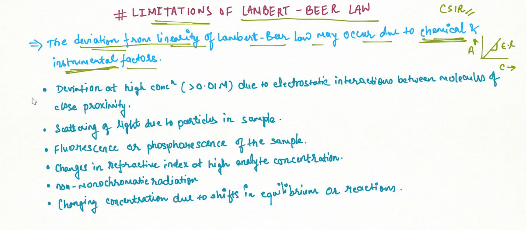So what can be the disturbances, or what are the causes of the deviations? Let's see. First thing is, deviation may occur at high concentration. So what is the criteria of high concentration? It is if the concentration is greater than 0.01 molar.